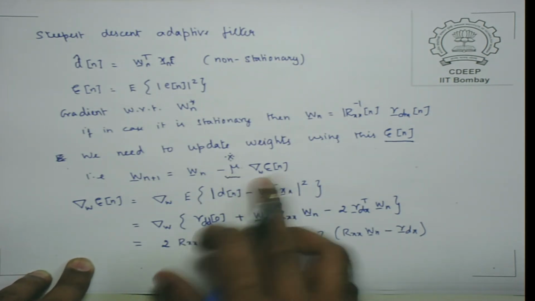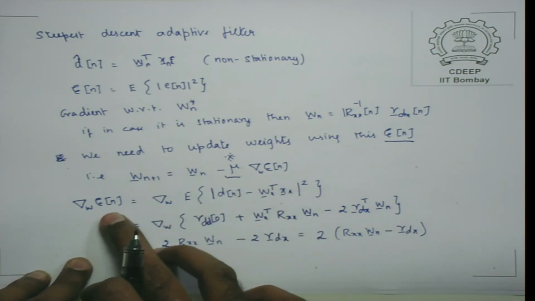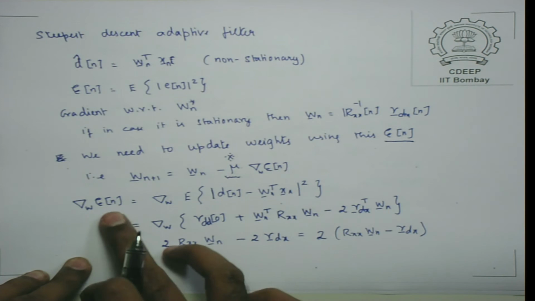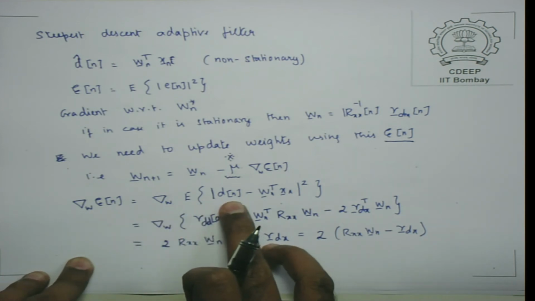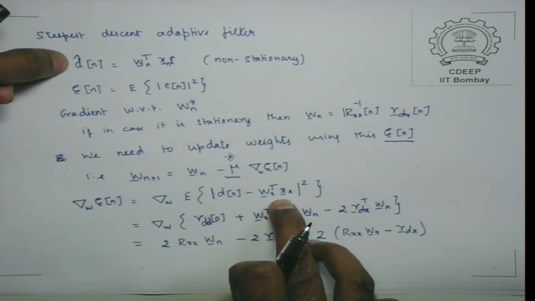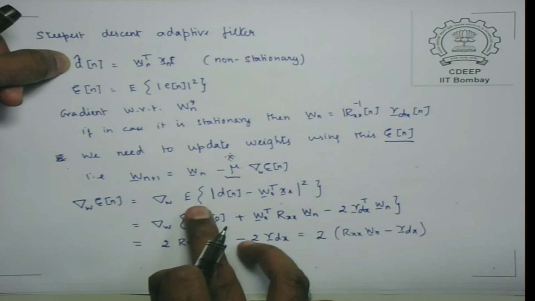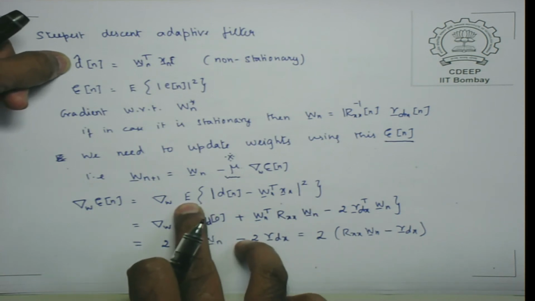Otherwise it is just the gradient of zeta n with respect to the weight, and zeta n is the difference between the desired signal and the expected signal, which is d hat of n here. The difference squared is what we want, but since we are looking at mean square error, we have an expectation here.